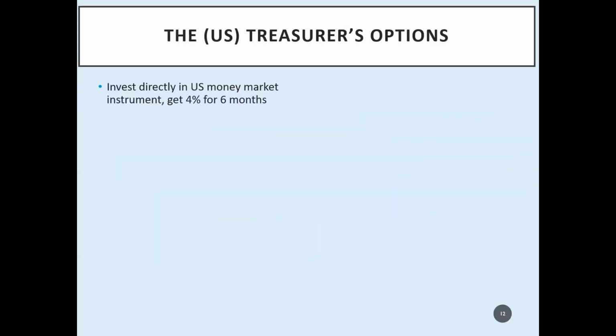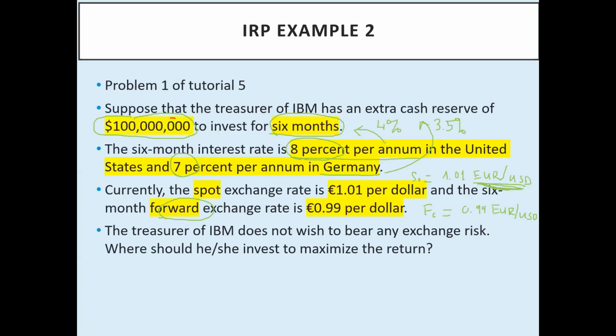In this case, let's spend about 1 or 2 minutes to think about this problem. And when we come back, we will talk about the answer, okay? So here, as we mentioned before, we're looking at two options. The first one is the US, and the second one is the Germany market, okay?